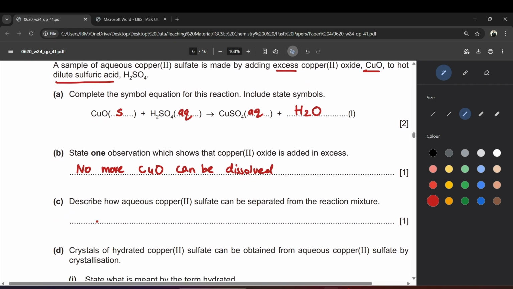So the next step is going to be: filter the mixture to remove excess CuO and obtain CuSO4.